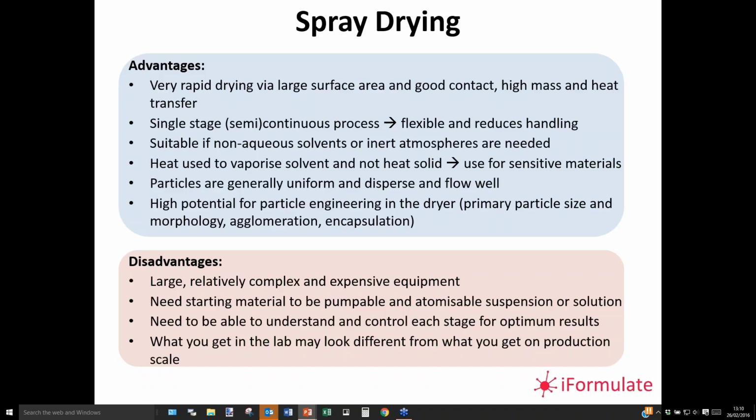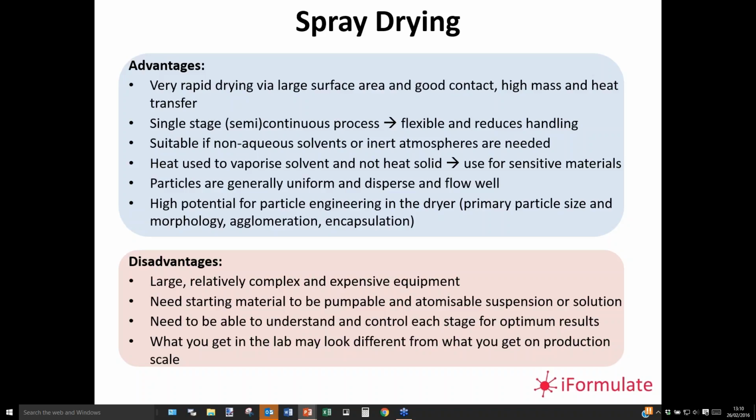You can use, if you wish, non-aqueous solvents and inert atmospheres. Heat is used in the main to vaporize the solvent and not to heat the solid product. So it's very good for sensitive materials. Particles are genuinely uniform and they disperse and flow well. And as we mentioned already, there's a high potential for particle engineering, which David will touch on in more detail.